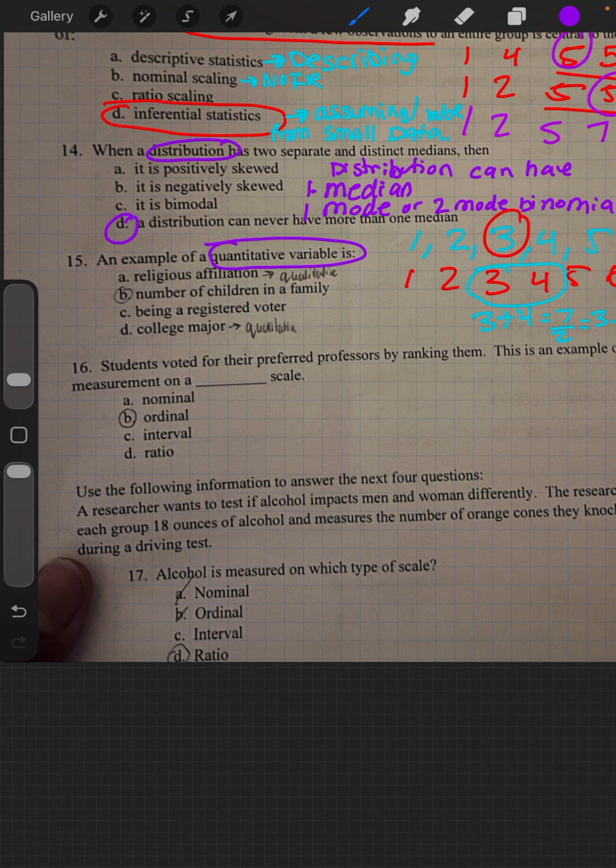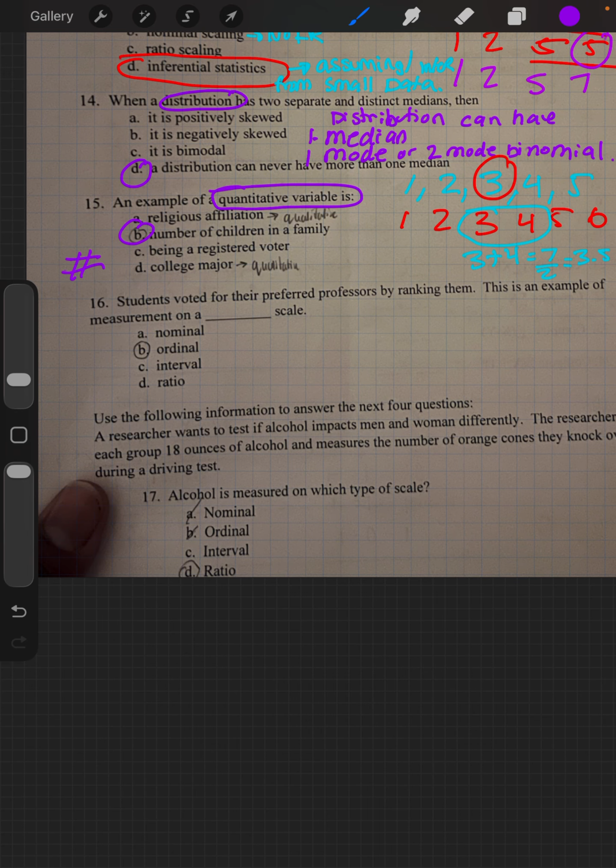So 15, qualitative data is, quantitative, sorry. Quantitative just means number. Okay. Ranking is ordinal.